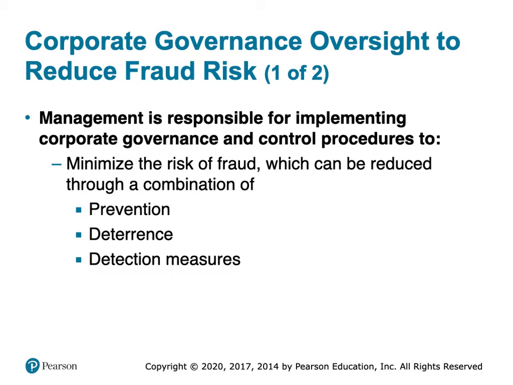Management is responsible to ensure that there isn't fraud, and some of this is prevention, some of it's deterrence, some of it's detection. Detection happens after the fact, or can be immediately correcting. But prevention and deterrence are the two biggest things you want to see from a client standpoint, because then fraud doesn't happen, right?